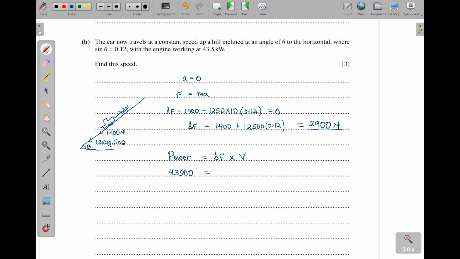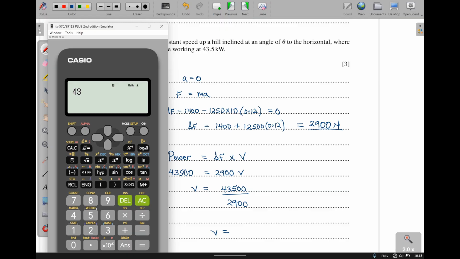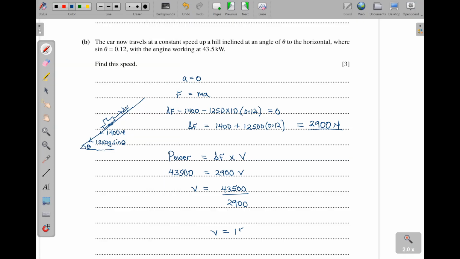The driving force is 2,900, and we are looking for the speed. Making v the subject of the formula, we get 43,500 divided by 2,900. It gives us 15, so we write 15 meters per second.